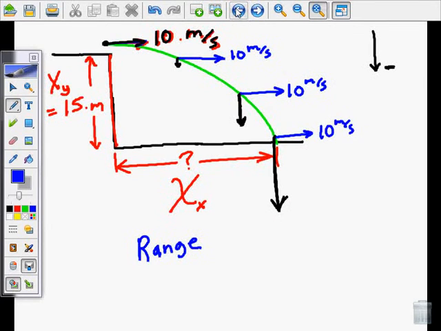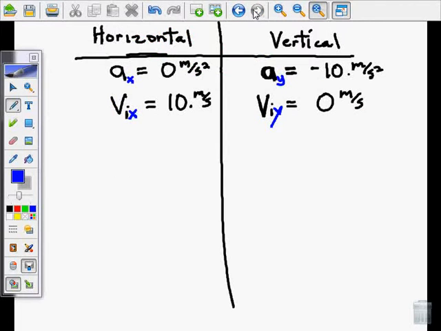Now, the other thing we were given is the height of the cliff. So is that going to be a vertical displacement or is that going to be a horizontal displacement? Where am I going to put that 15 meters? My man Jake? Vertical. That's vertical. So basically, the displacement is going to be 15 meters. And since it's in the y direction, vertical direction, some people like to call it x sub y.